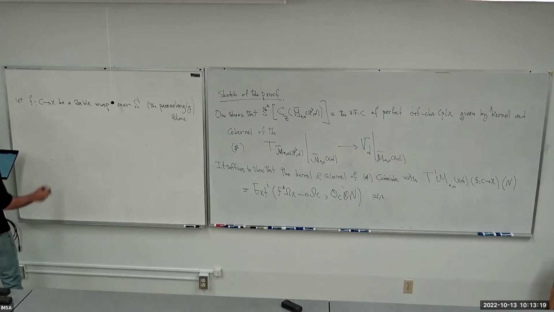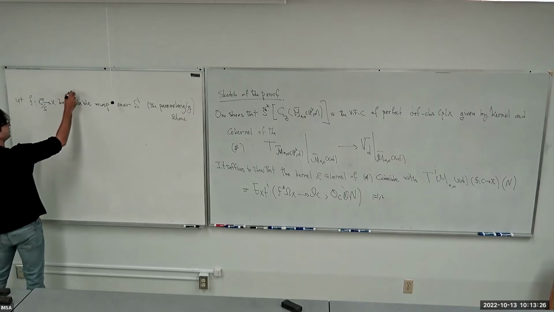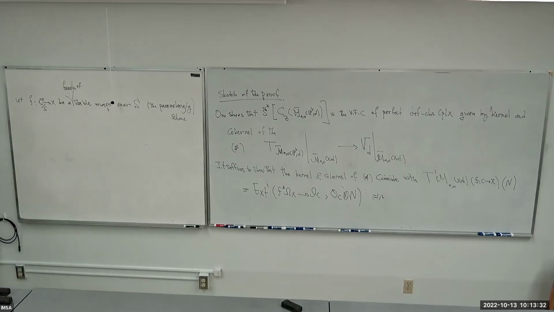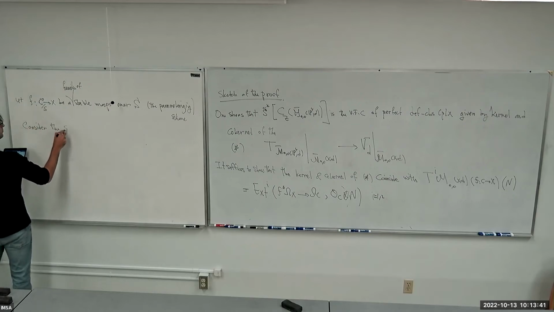I can write it like this: C over S to X be a family of stable maps over some S. Then consider the short exact sequence.